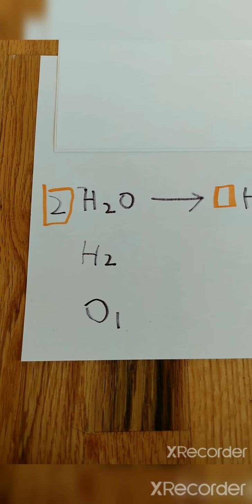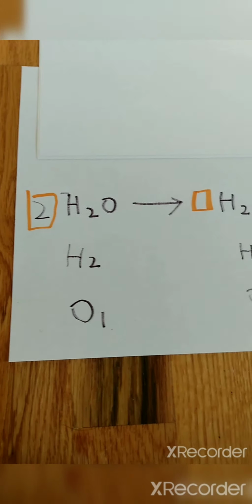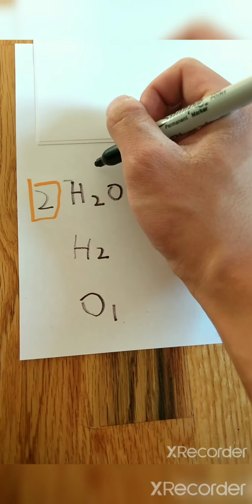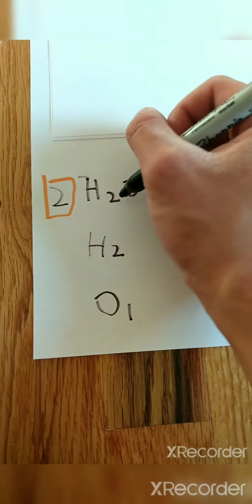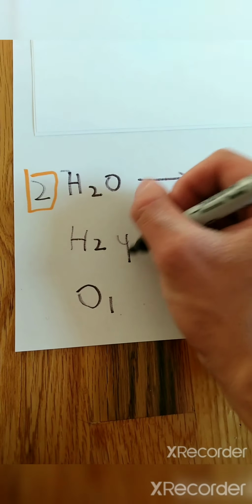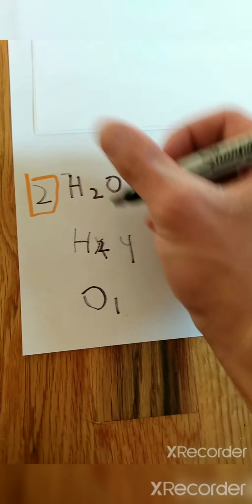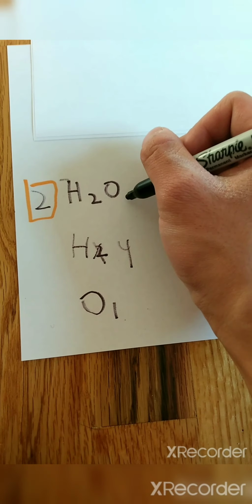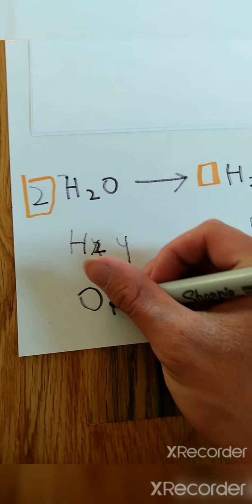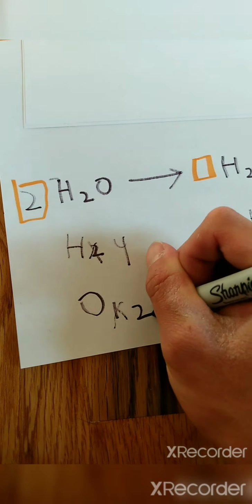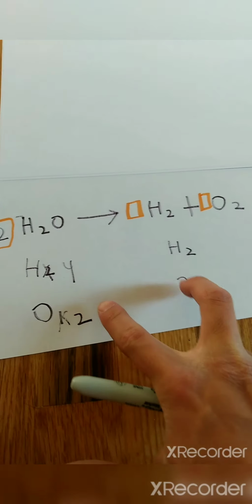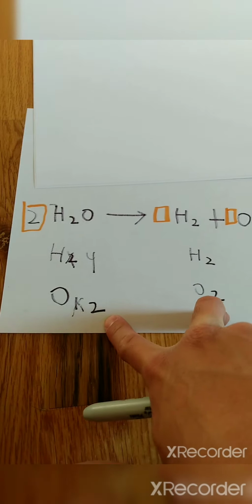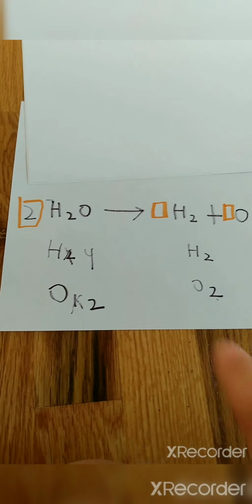Now that 2 is telling hydrogen and oxygen to multiply themselves by 2. 2 times 2 is now 4. Hydrogen now has 4 atoms. 2 times 1, oxygen now has 2 atoms. It's a good thing that oxygen on both sides has the same number of atoms. They feel like they're having their fair share.